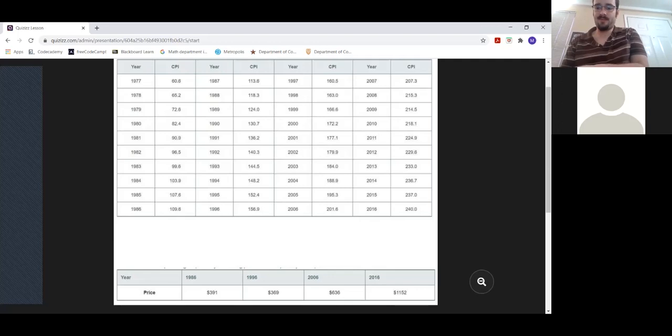Okay, so if we start with 391, 240 is our 2016 index price. 109.6 is this one. 369 and 240 over. And this one, try something out. I will spend a little bit more time on this one in the next slide. 240 over 1.6.